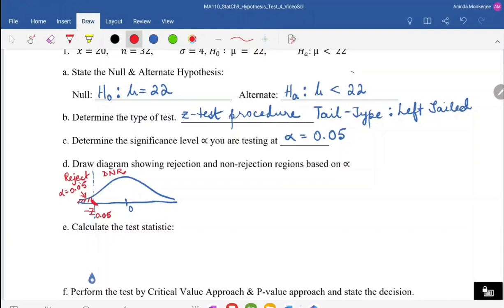So that's the diagram showing the rejection and non-rejection regions based on alpha, and this is applicable to the critical value approach. These reject and do not reject regions correspond to the critical value approach, not really the p-value approach.